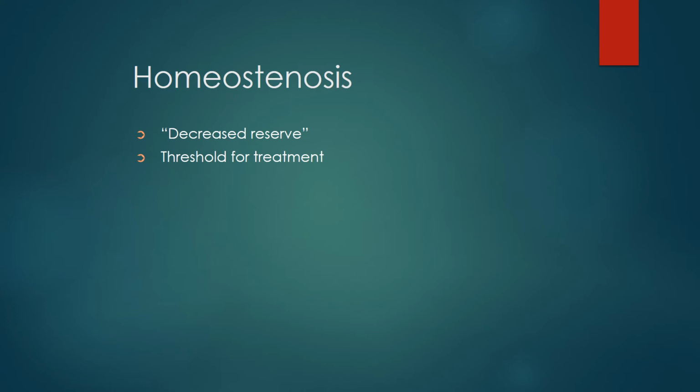If I have an elderly person come in, they've been coughing, and I'm on the fence as far as treating them for a bronchitis or a sinus infection, I might be a little bit more likely to go ahead and treat them to give them that extra boost, just because I know that they're not going to be able to possibly mount the same kind of resistance that they would have when they were younger.